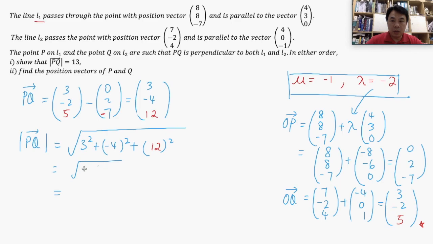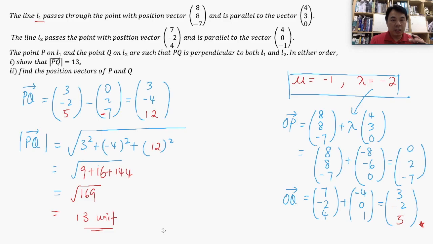In this case, I will have 9, 16, and then 144. So from here, 25 is 169. The square root of this will yield 13 units. Voila.